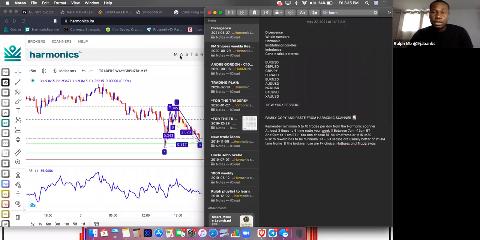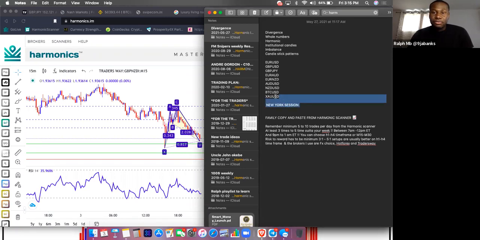more on this, right? What I'm looking for on a harmonic scanner is EUR/USD, GBP/USD, GBP/JPY, EUR/AUD, EUR/NZD, AUD/USD, NZD/USD, BTC/USD, and I'm also looking for XAU/USD.